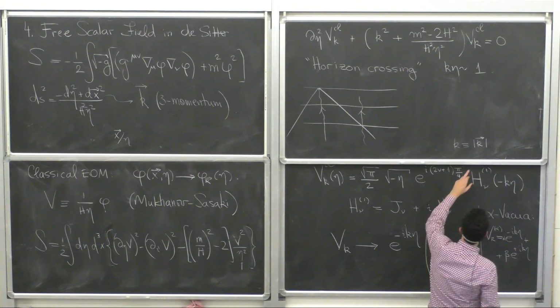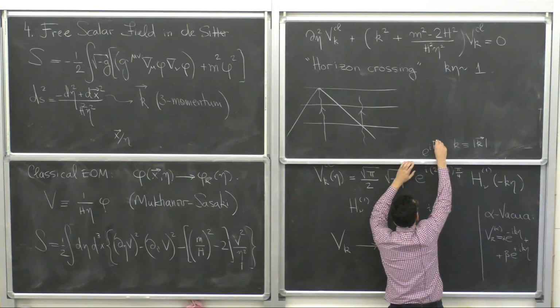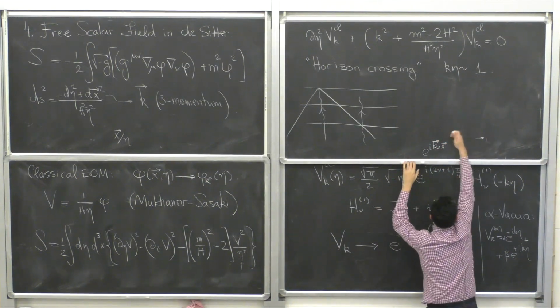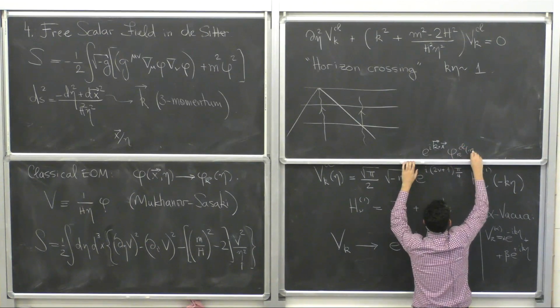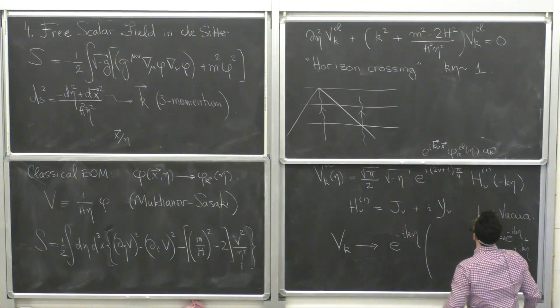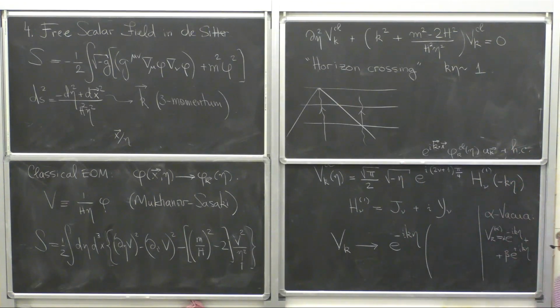But if it's, yeah, so it's e^{ik·x} phi_k classical or eta a_k, plus Hermitian conjugate. So that's what I'm doing.